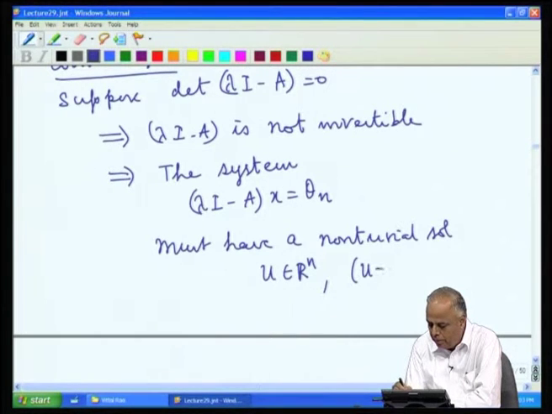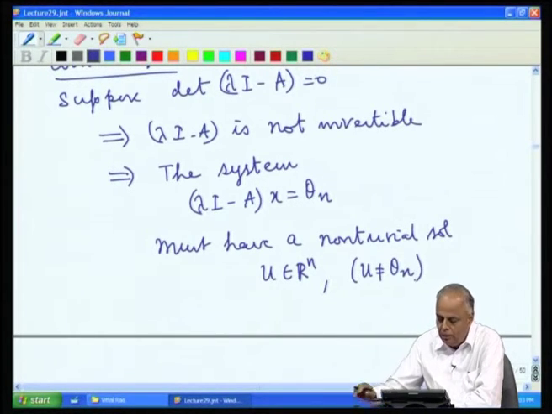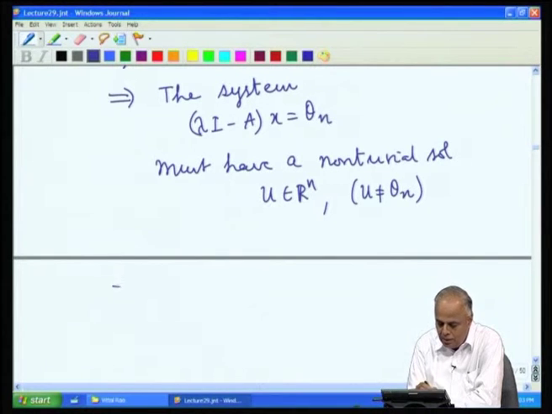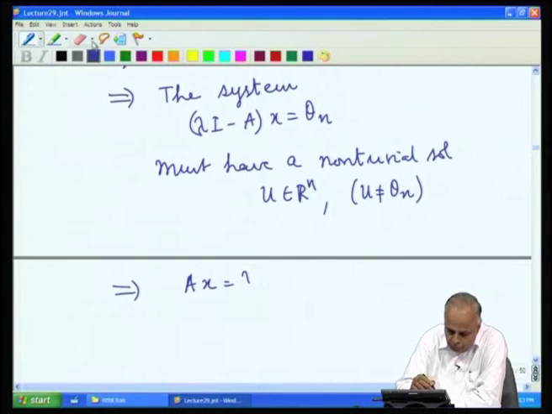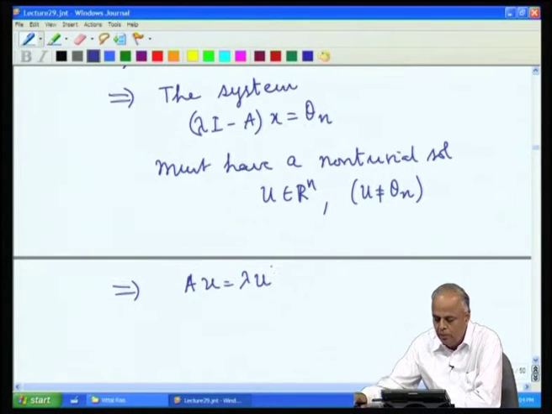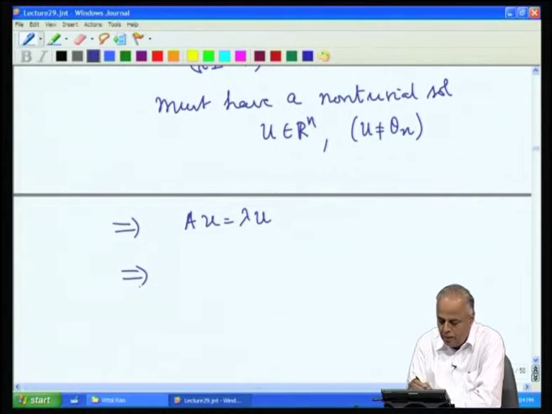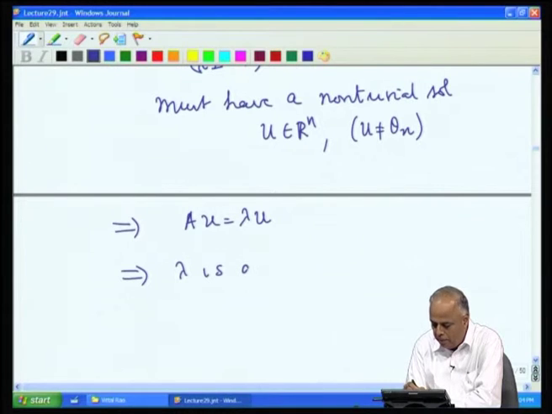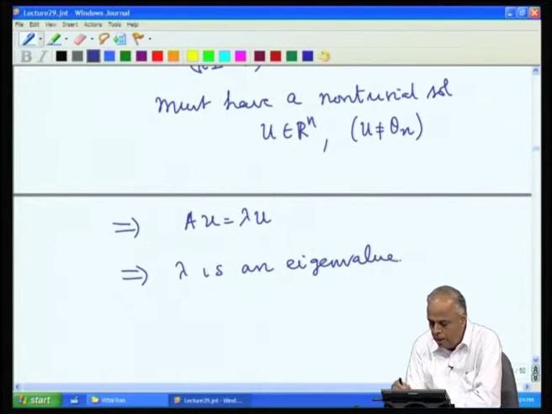When I say non-trivial, I mean u not equal to theta n. This means A u equal to lambda u, that says lambda is an eigenvalue with eigenvector u.